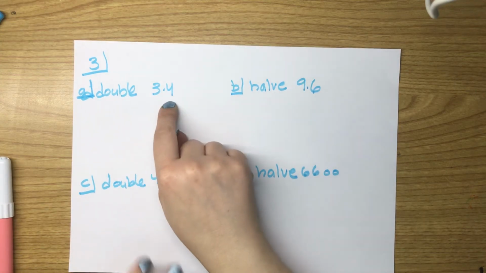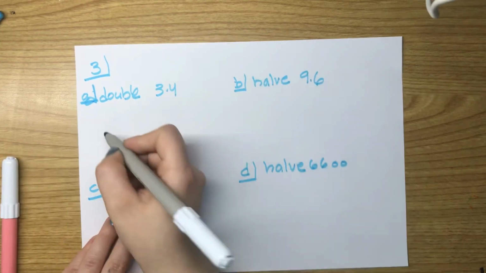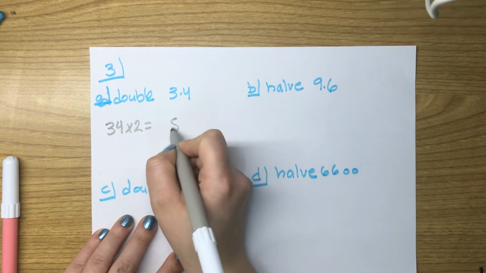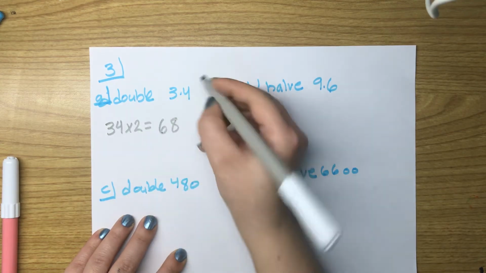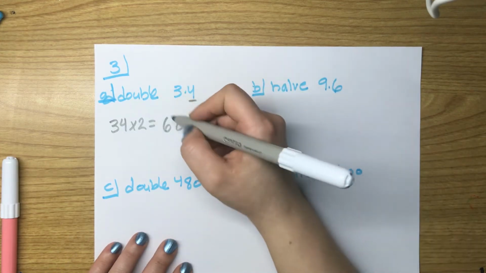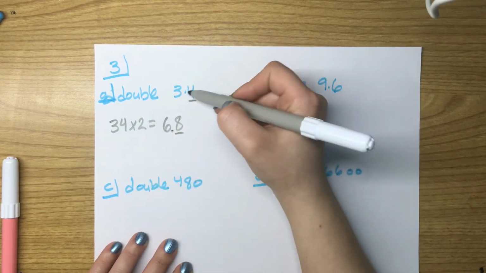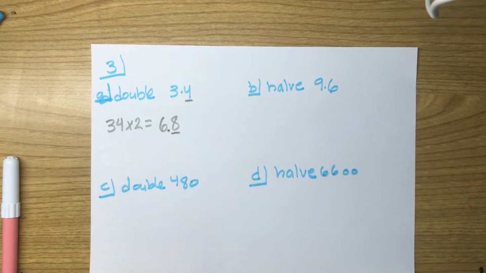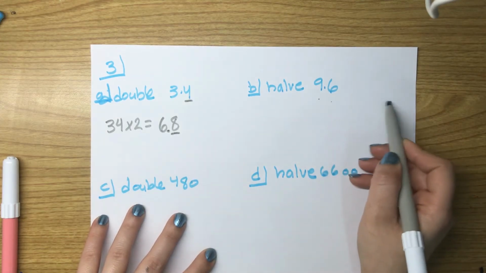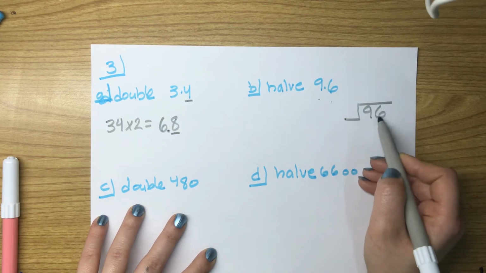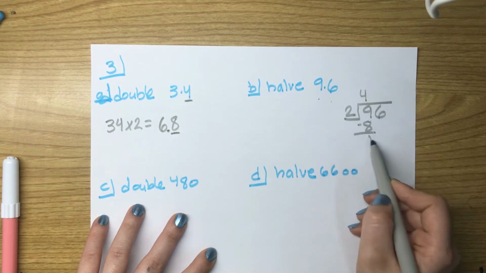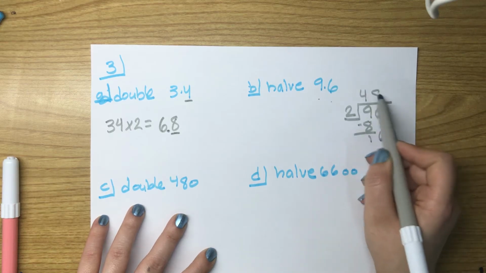Now, to double 3.4, you can find the number by doubling 34 itself, times 2. 4 times 2 equals 8. 3 times 2 equals 6. We have one decimal place and a point, so double 3.4 equals 6.8. Okay, guys? For 9.6, the same idea of dividing 96 divided by 2. 9 divided by 2 is 4, remainder 1, then 16 divided by 2 is 8.